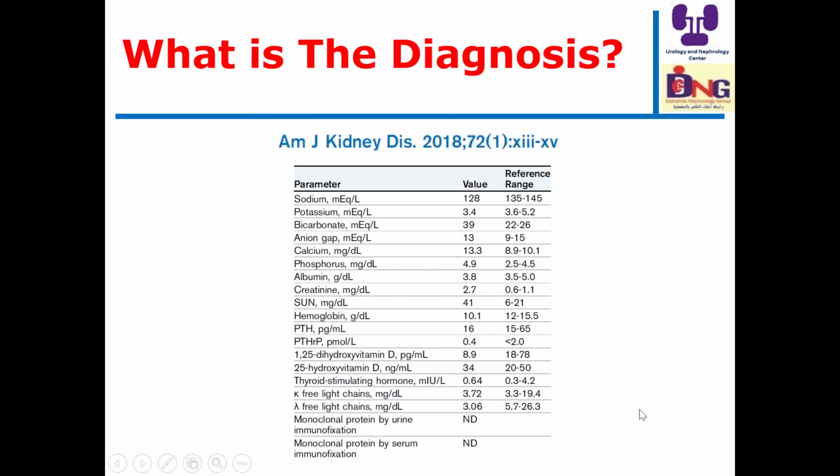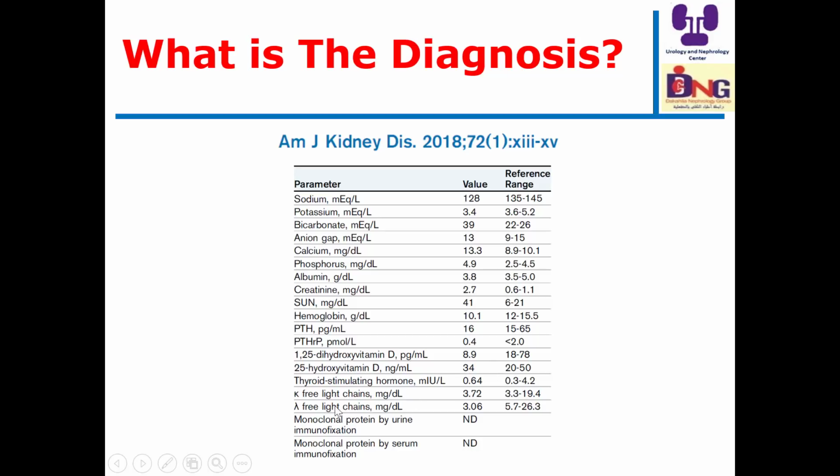Back to the case. Here PTH is normal, so we don't have hyperparathyroidism, and it is low normal. PTH-related peptide is suppressed. This is not a malignancy, and the radiological workup showed no malignancy. Active vitamin D is even low, and native vitamin D is normal.